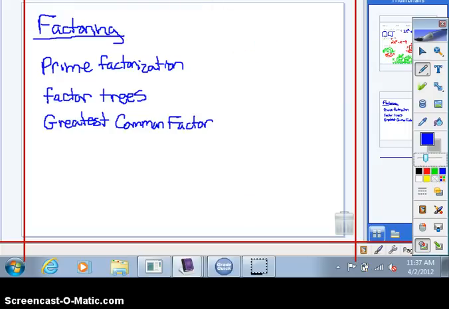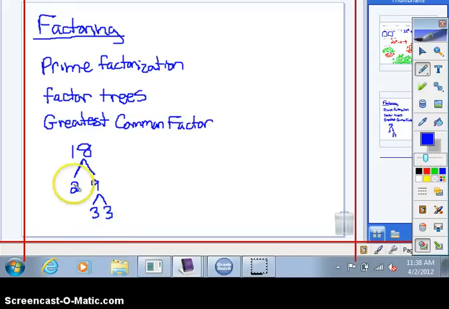Okay, so if I give you the number 18 and we want to do the prime factorization, a factor tree is something that we can use. We know that 18 is 2 times 9, and 9 can be factored into 3 times 3.